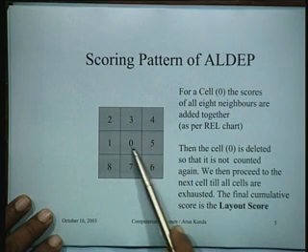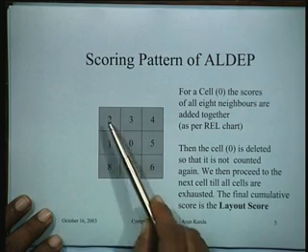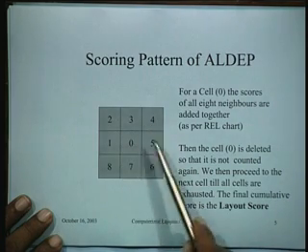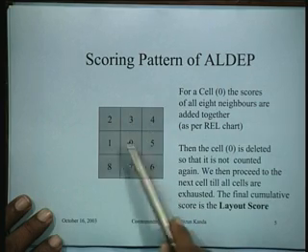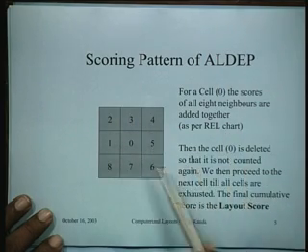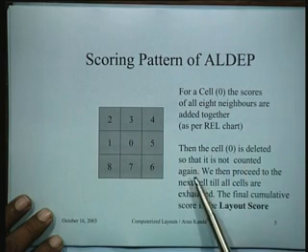Then similarly for 0 and 5, similarly for 0 and 6, and all these pairs 0-1, 0-2, 0-3, 0-4, 0-5, 0-6, that means all the neighbors of this particular cell would be evaluated and given marks. And then after having done that, cell 0 is deleted so that it is not counted again.